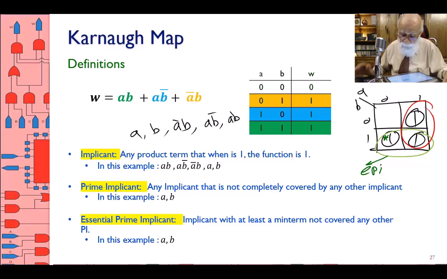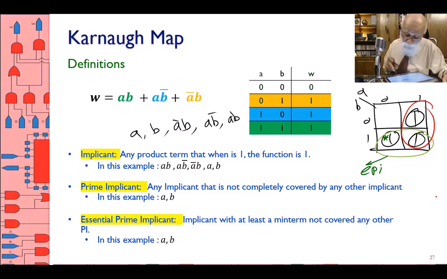And then I look at the red one. The red one has a one on the bottom right that is also covered by the green prime implicant. This one does not qualify my prime implicant as an essential, so I should look elsewhere.